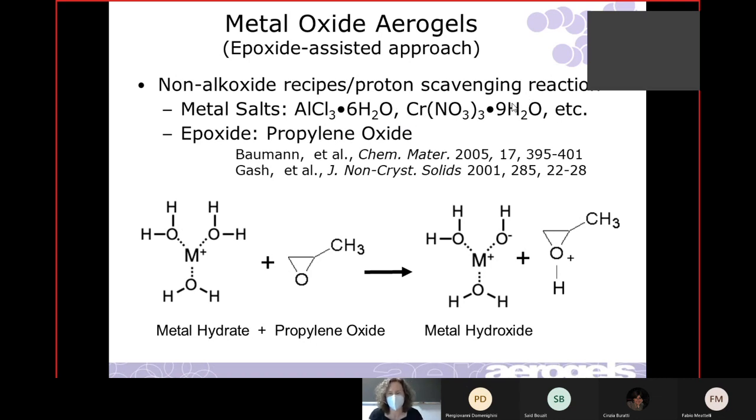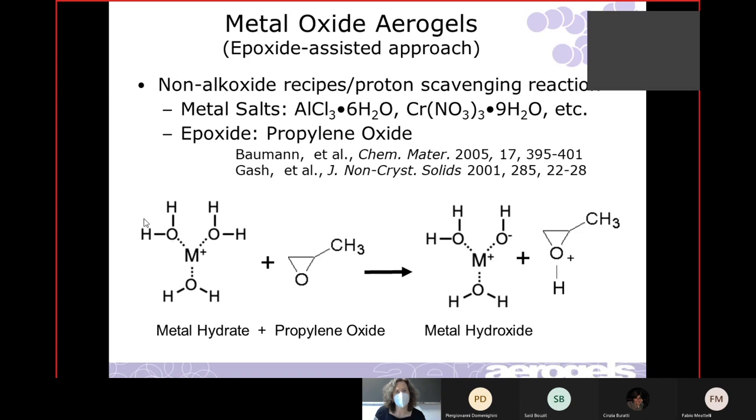This is an approach that Baumann and Gash and a number of other people at Lawrence Livermore National Laboratory in the US first published, and a couple of their papers are cited right here. The idea is that when your metal ion is in solution, what you really have is a complex between the metal ion and water molecules that are tightly bound to it in solution.